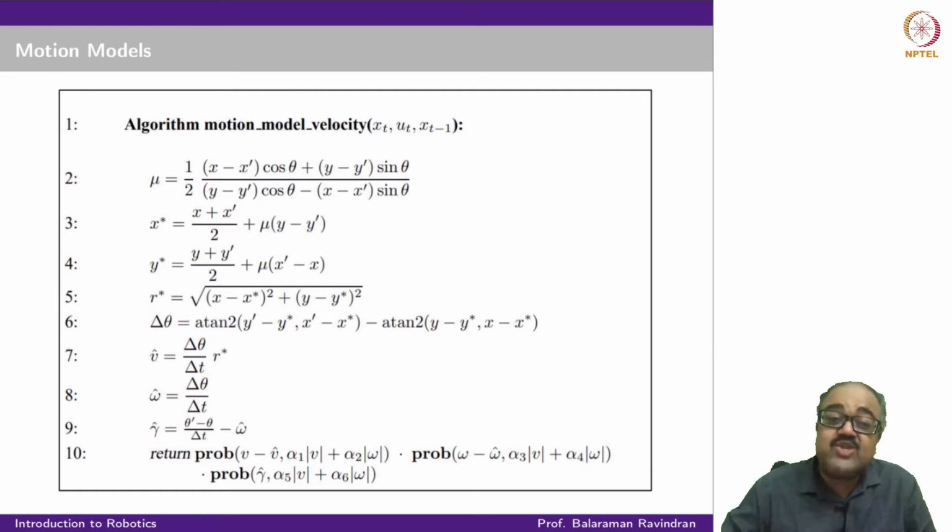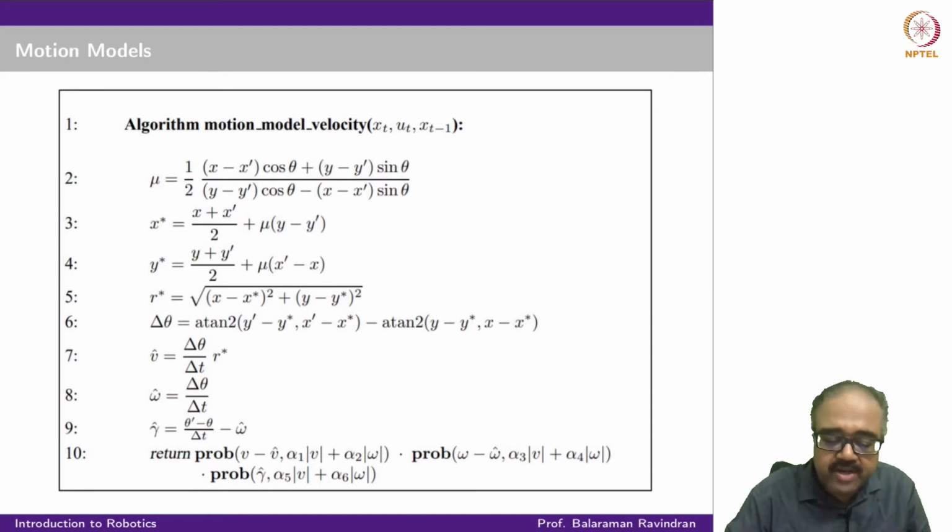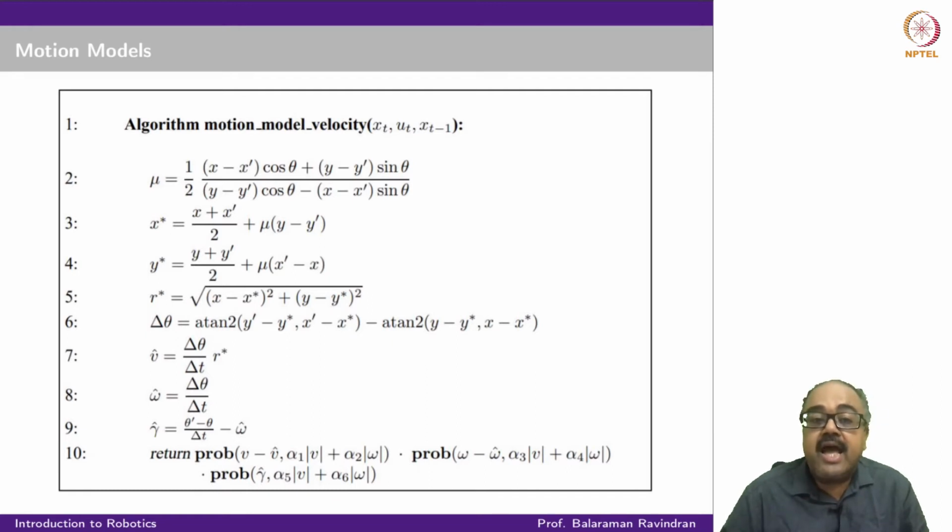What is v and omega that is given as part of u t? The v and omega given as part of u t are the velocities that I applied to the robot. Due to a variety of noise parameters in the world, the robot actually travels at v hat and omega hat.